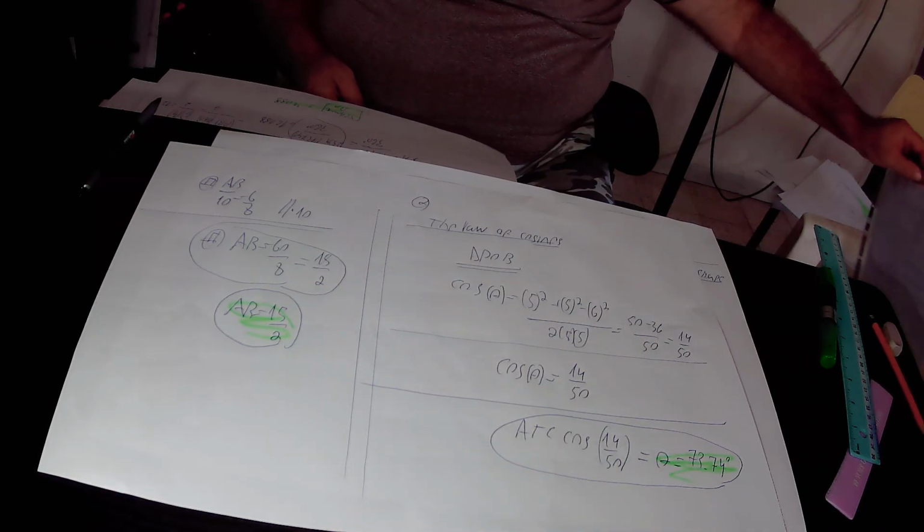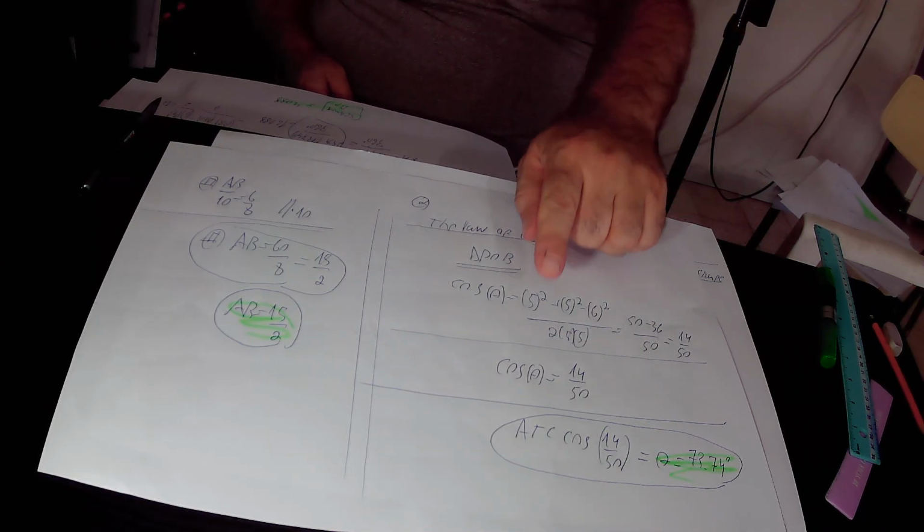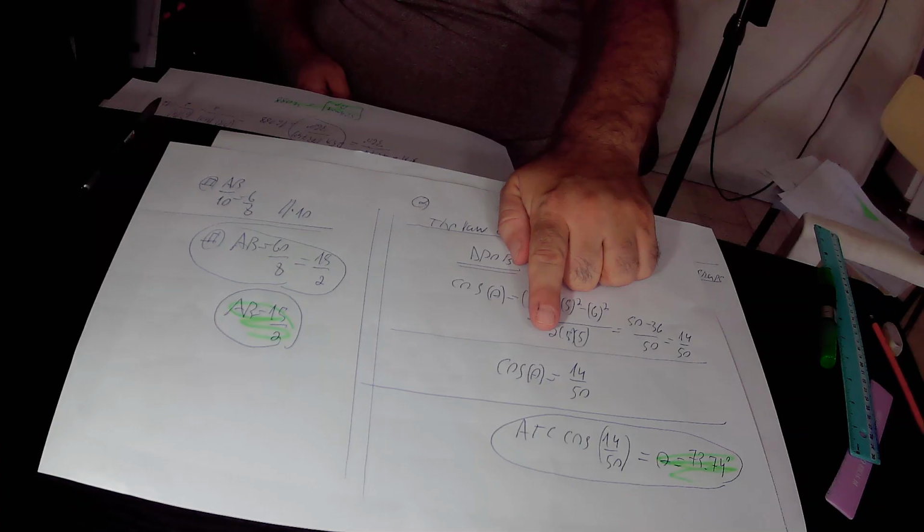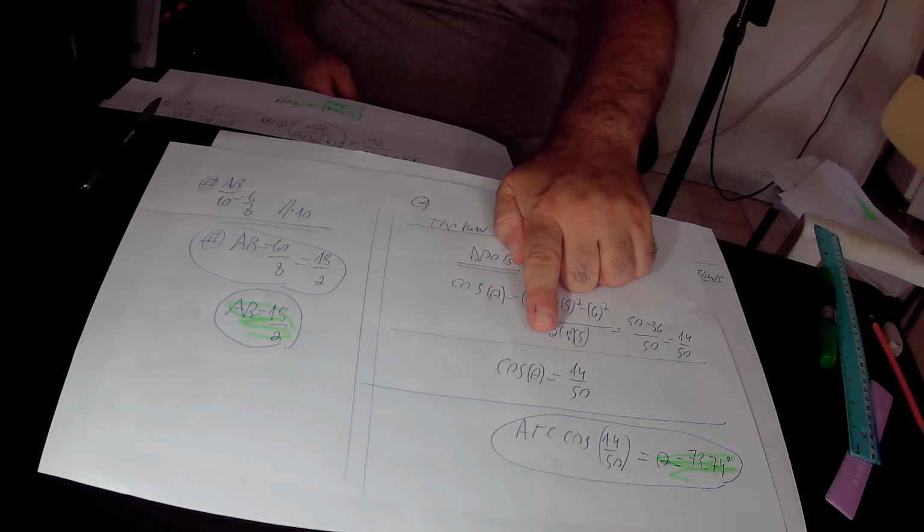So in order to get the angle from the cosine, we do the opposite function of the cosine, that is arccosine, on the result 14 over 50. In this way we get angle theta itself.